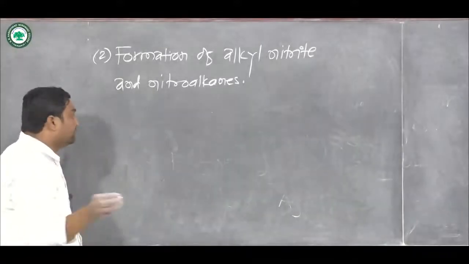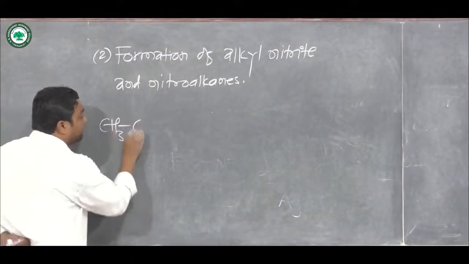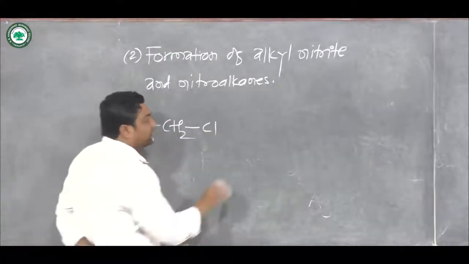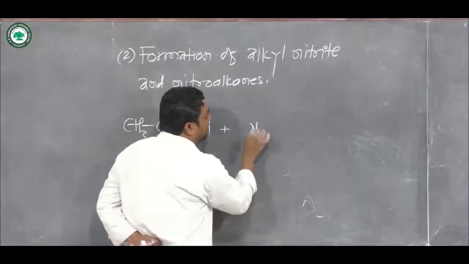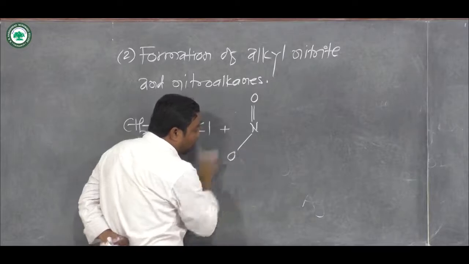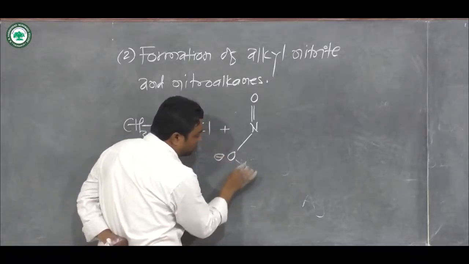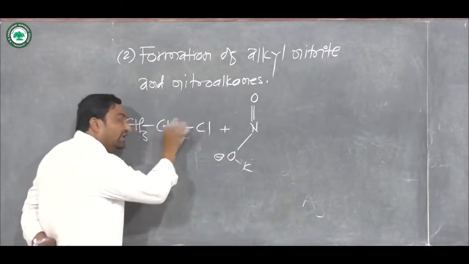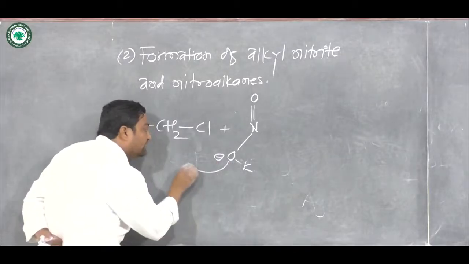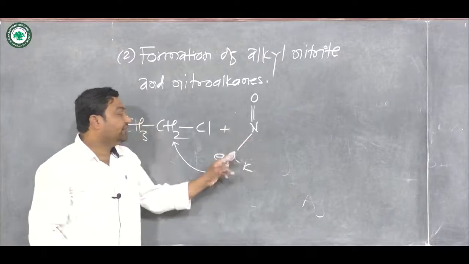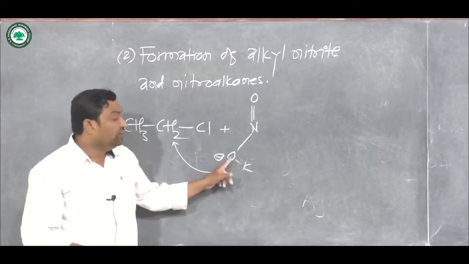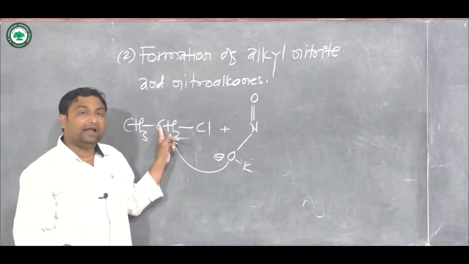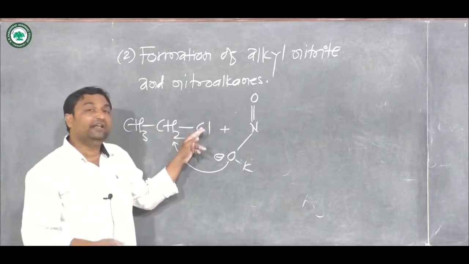If I treat ethyl chloride with silver nitrite, and the oxygen atom acts as a nucleophile, it prefers to attack the electrophilic carbon atom to which the halogen atom is directly attached.